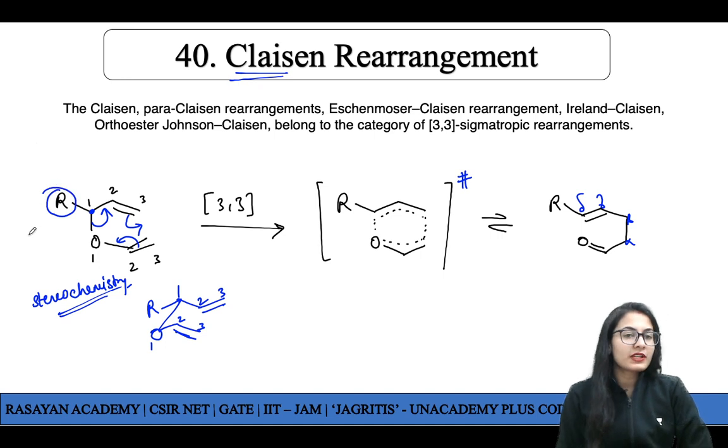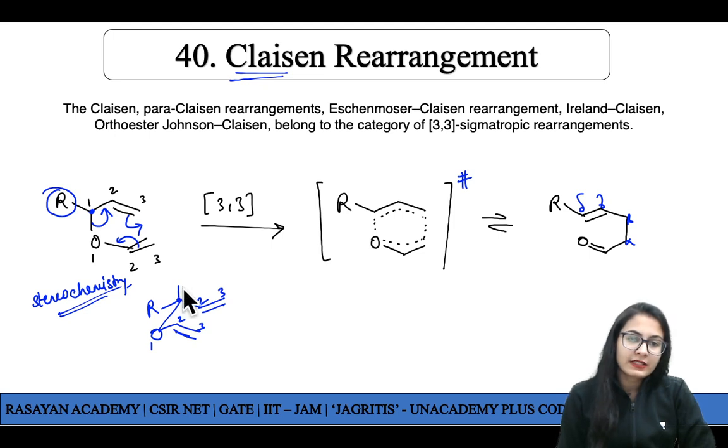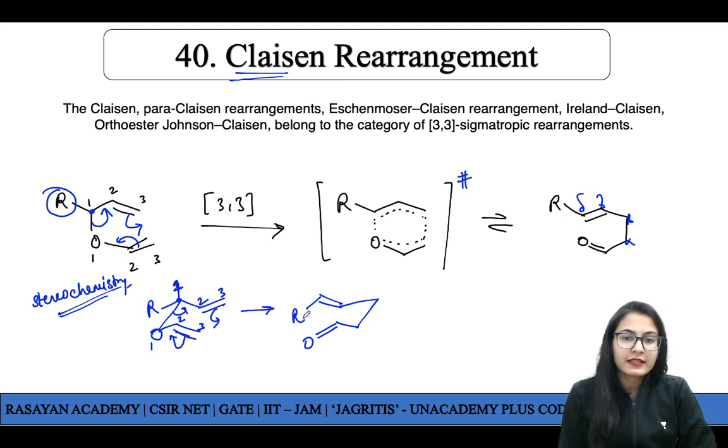Always, as much as possible, we try to keep this R group, if it is an alkyl group, in the equatorial position like this. Above there is nothing, it is just our number 1. Move the bonds in this manner, you get a double bonded oxygen like this, and the R is trans.